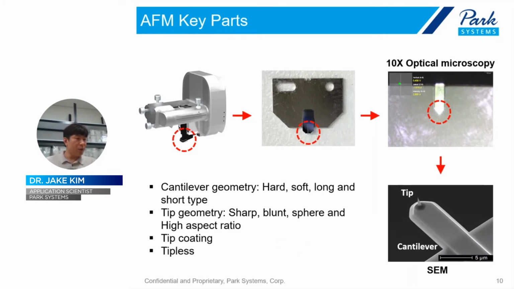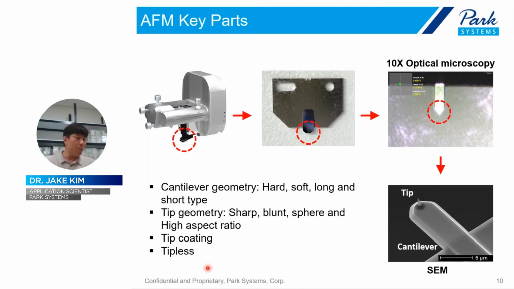For the resolution, sample properties measurement, complicated structure, even scanning speed, this cantilever and tip is one of the most important parts of the AFM. And there is quite a variety of cantilevers and tips, like different geometry, different tip cutting, different materials, properties, and so on. There are lots of cases.